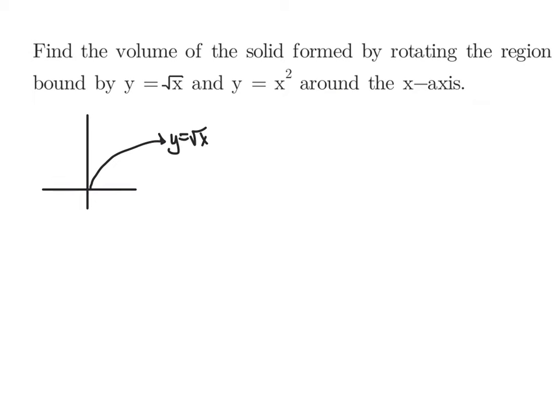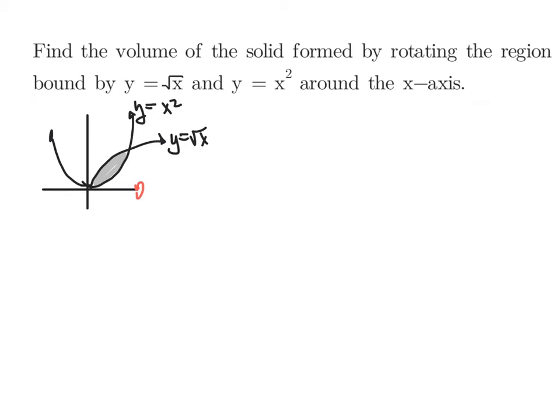And with y equals x squared, that is a parabola that opens vertically like this. So the region that we're talking about is that region that's bound by both of them. So this part that's in between.